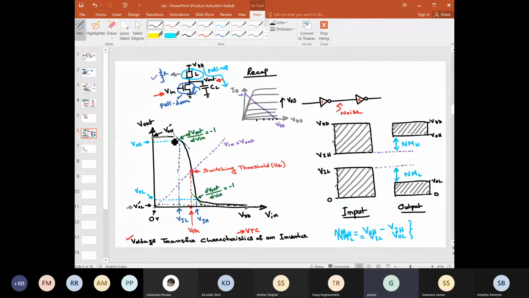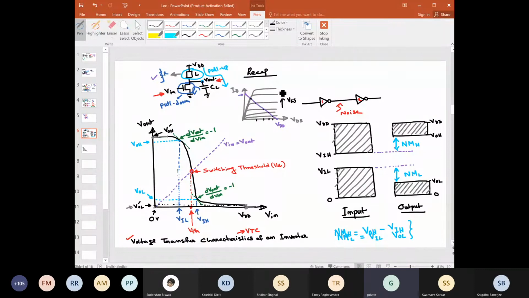As a result, the output voltage, with change in input voltage, will fall quite sharply, comparatively, and it will keep on falling. Then when it reaches this region, for this particular VG onwards, the transistor is in the triode region.